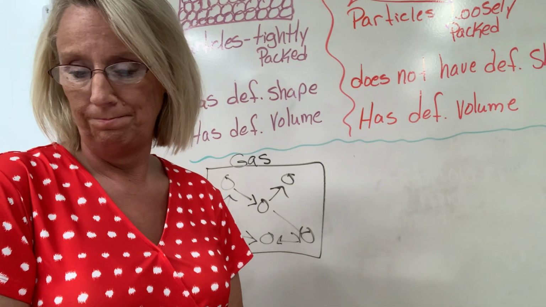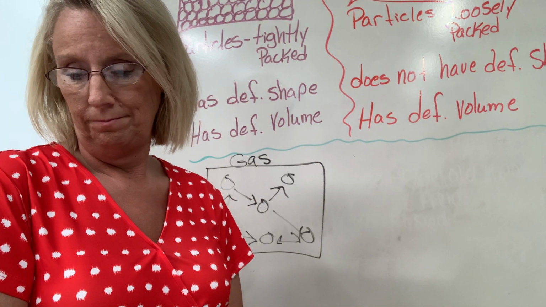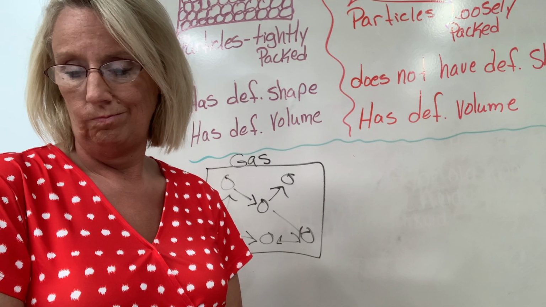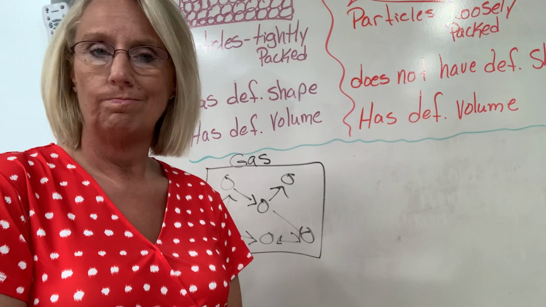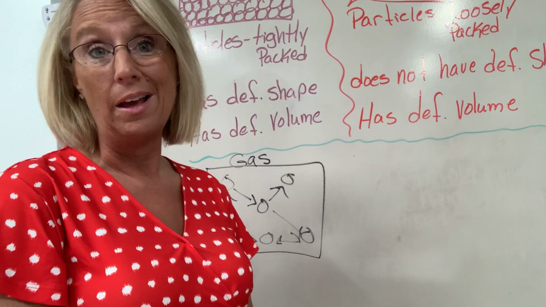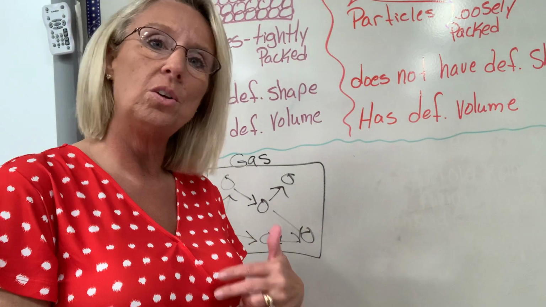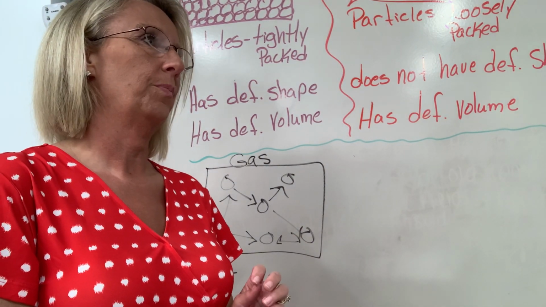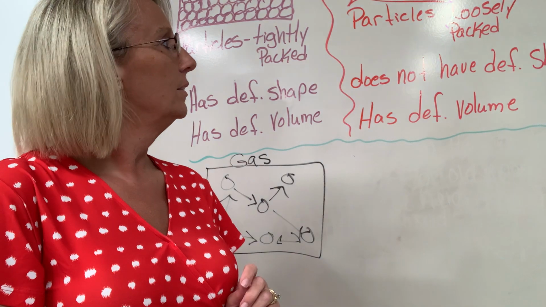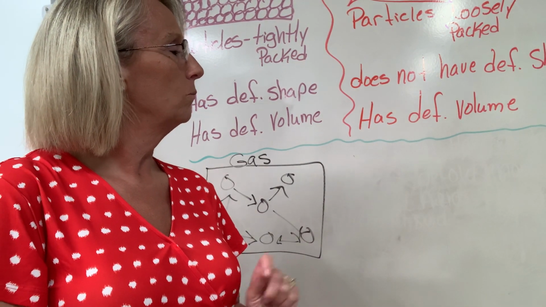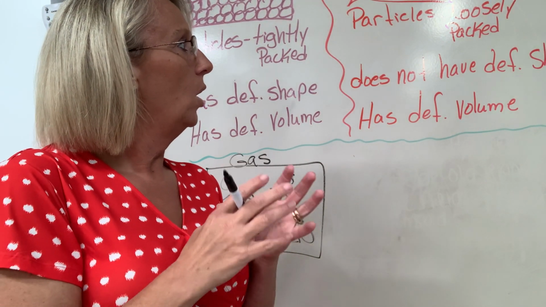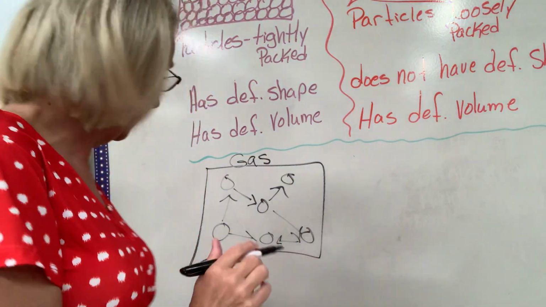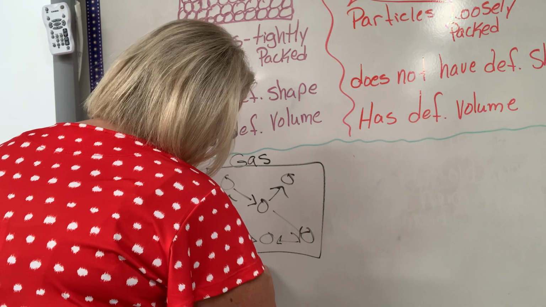I'm trying to find a word that makes sense to you. So I'm going to say that my particles are, let's say, widely packed apart. Let's do it that way. Widely spaced apart.